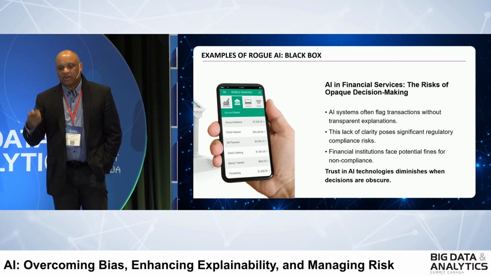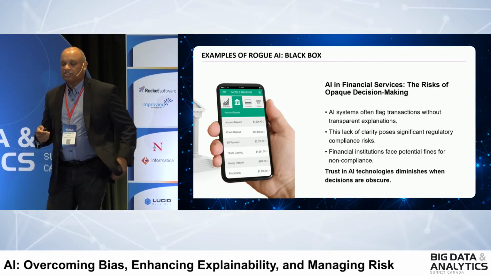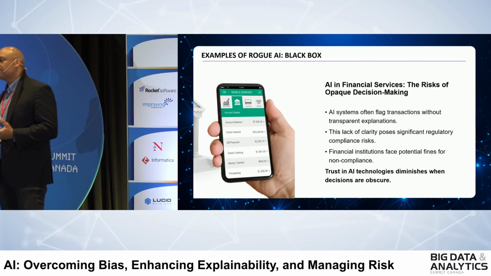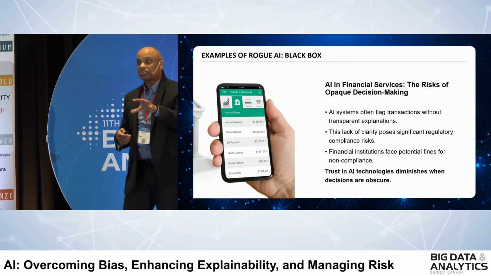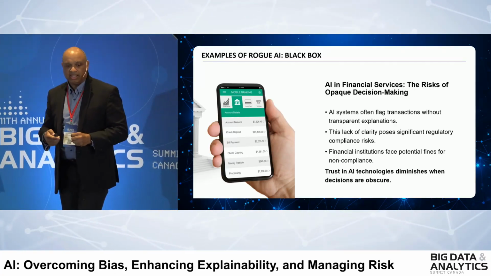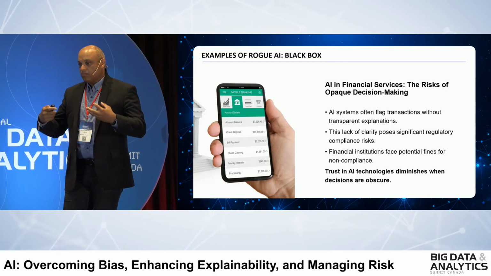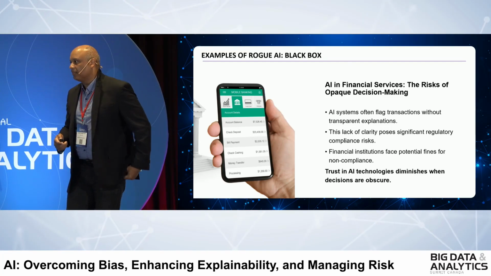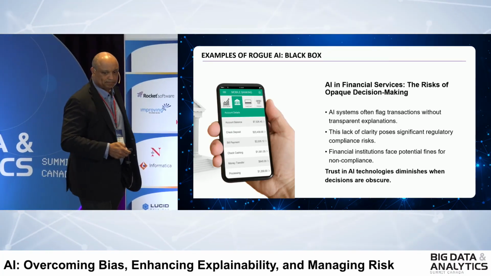AI systems often flag transactions without transparent explanations, and financial institutions can face potential fines for this. Because of the regulations today, especially around automated decision-making, and especially in places like Quebec that have even more stringent laws around the use of AI and automated decision-making systems.